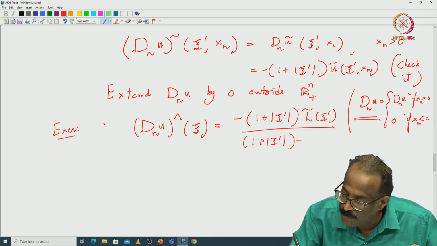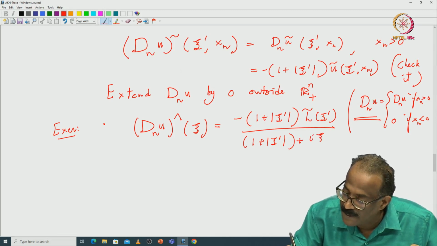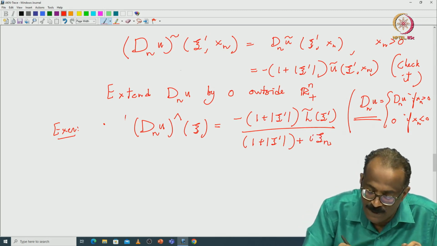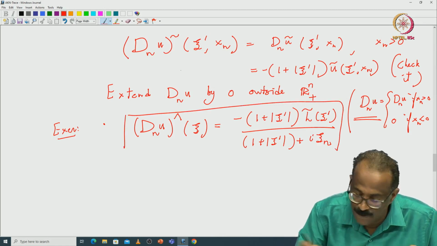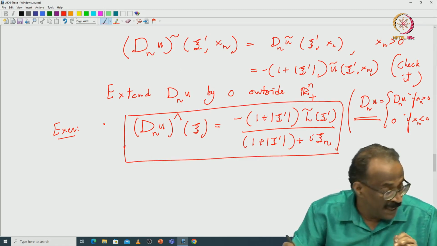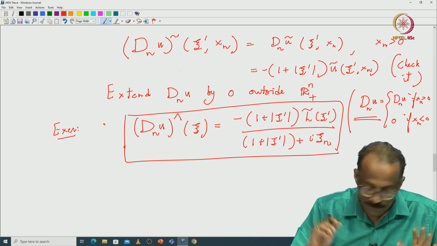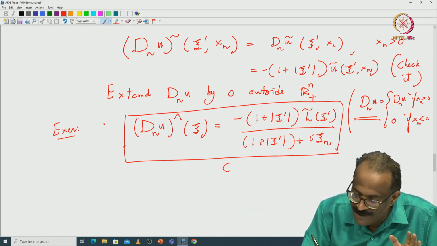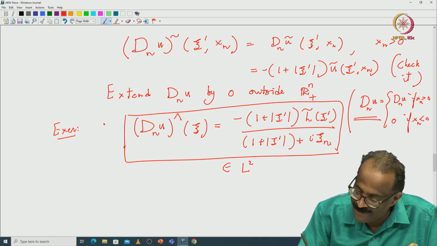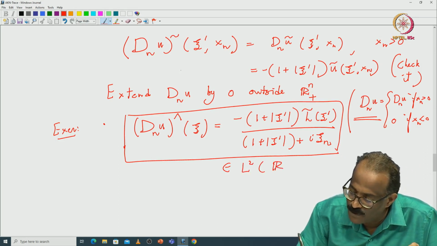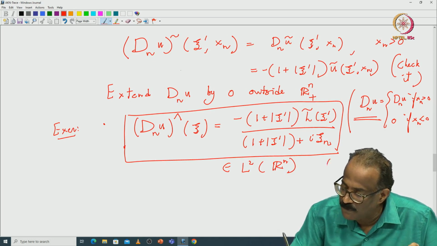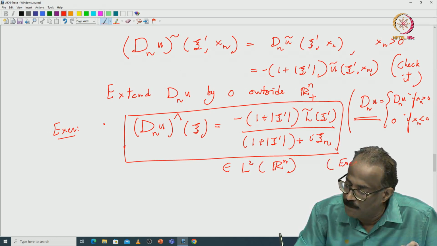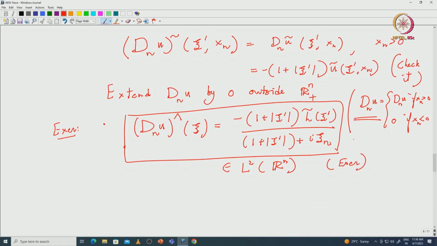You get that, and this can be computed, and you can show that this is in L2 of R. These are all things you can do, that is not a problem. If you want all these exercises, small computations, you can precisely write down everything and do this. Okay.